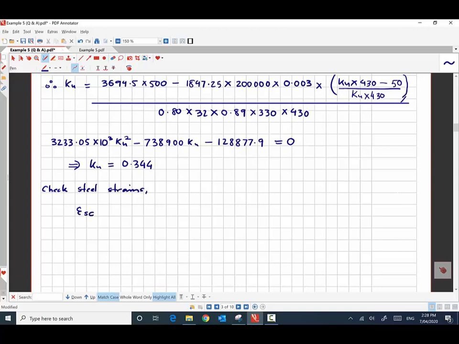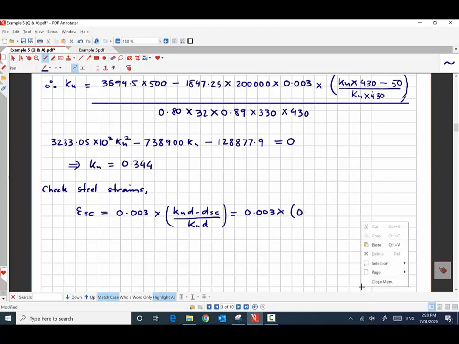So the strain in the compression steel, the equation that we used before, with Ku as 0.344 and d as 430.